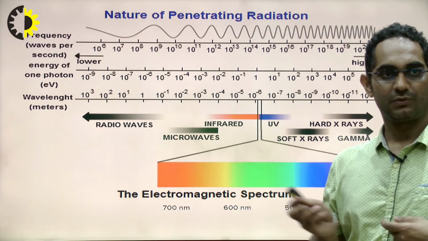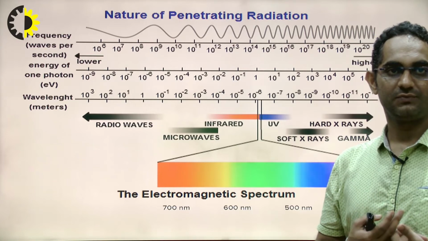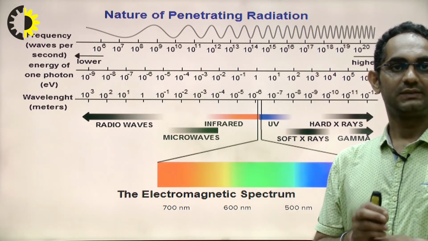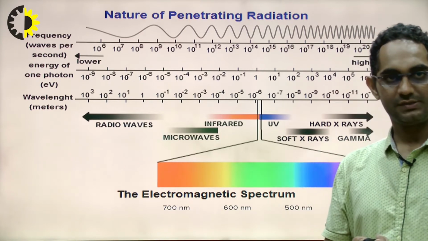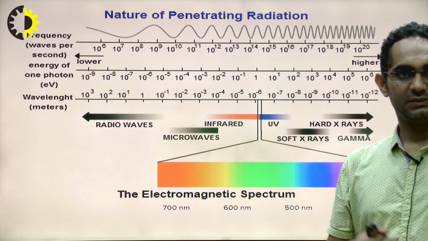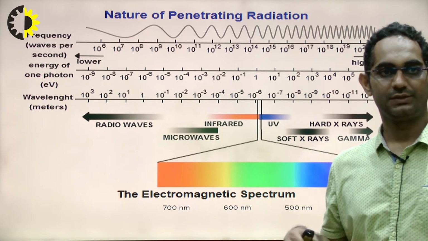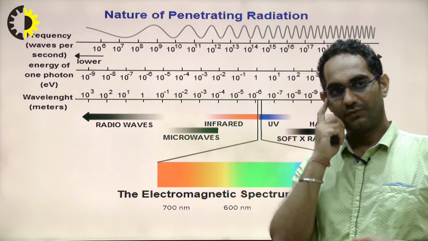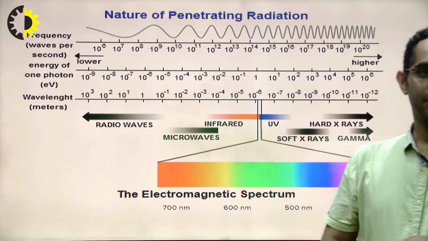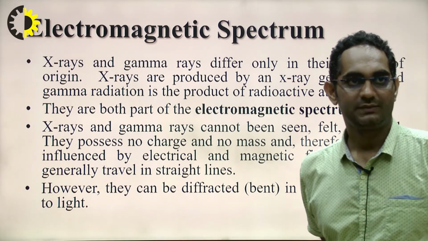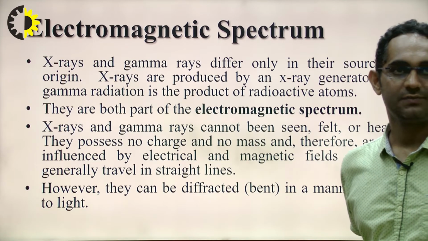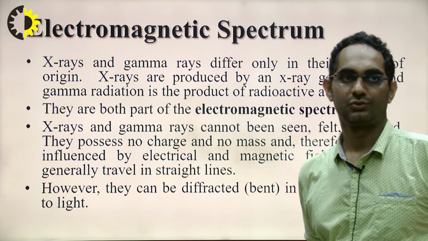The spectrum goes from radio waves, microwaves, infrared, to the hard X-rays, soft X-rays and gamma rays, and the UV radiations. In the electromagnetic spectrum, X-rays and gamma rays differ only in their source of origin.